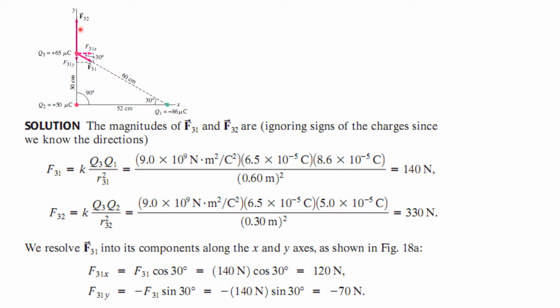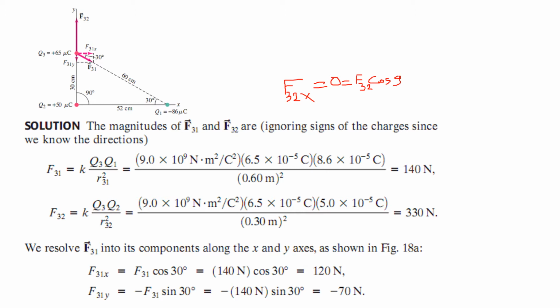The force on charge 3 due to charge 2 is oriented along the y-axis. This means that the x component of this force is equal to 0, because it is equal to the magnitude of this force times the cosine of 90 degrees.